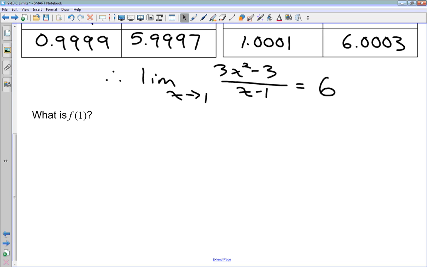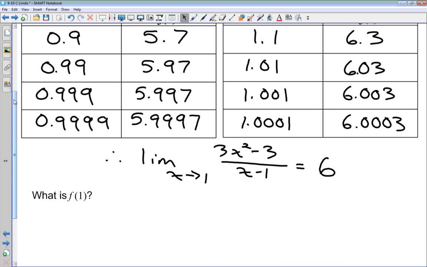Now, you might be asking yourself, that's a lot of work. Why don't we just take x equals 1, stick it into our function, and evaluate it? That'll tell us what the value of the function is at x equals 1.